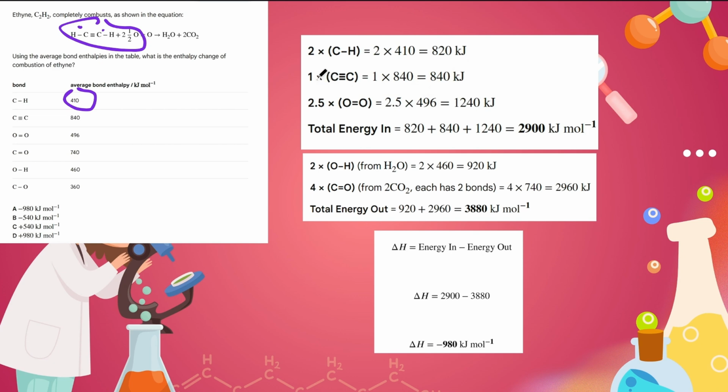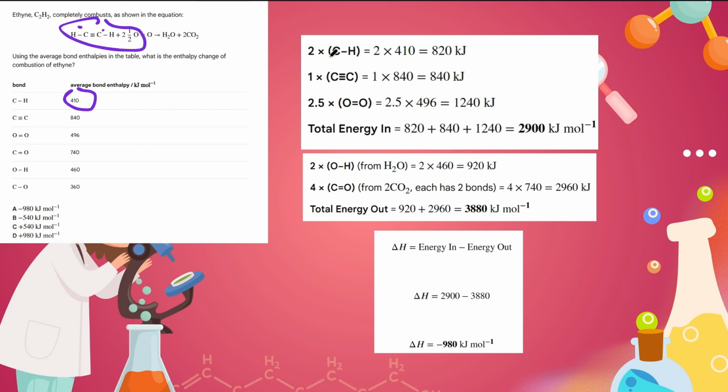And there is only one triple bond, C triple bond C, which we know is 840, just put it here, and then the double bond of oxygen, which is 2.5.